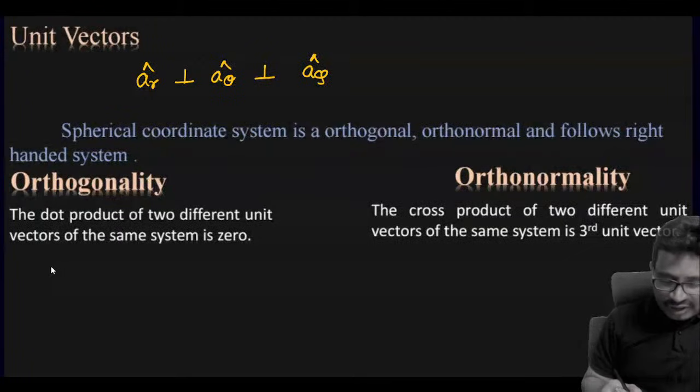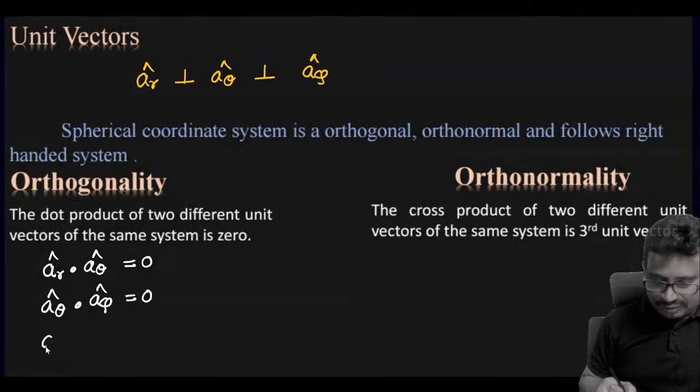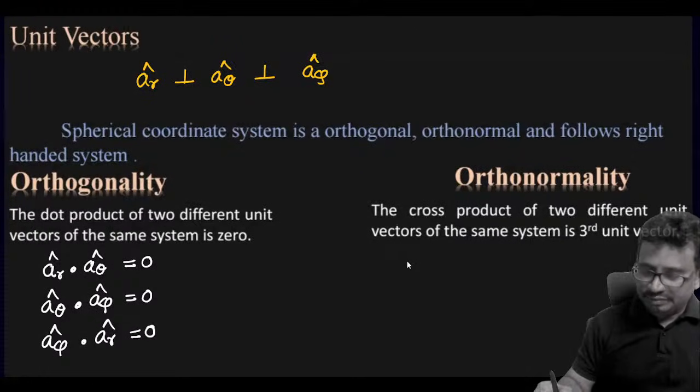Orthogonal means a r dot a theta equals 0, a theta dot a phi equals 0, and a phi dot a r equals 0.